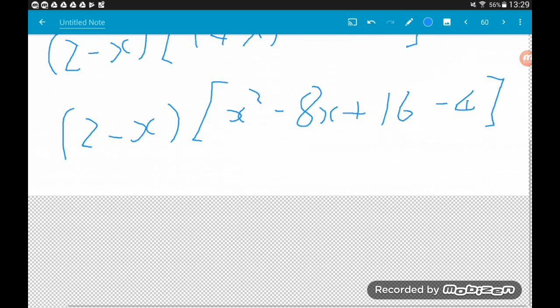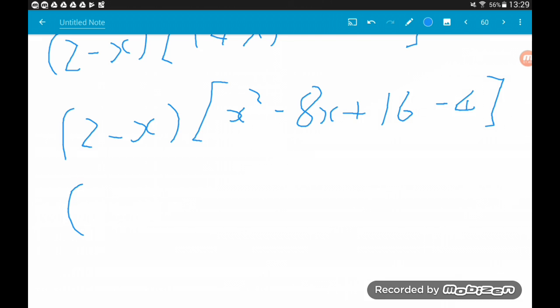Now if we sharpen that up, we've got 2 minus x, lots of, I'm just going to use round brackets now, we've done the expanding inside of the squares. So we've now got x squared minus 8x, and then 16 minus 4 is plus 12.